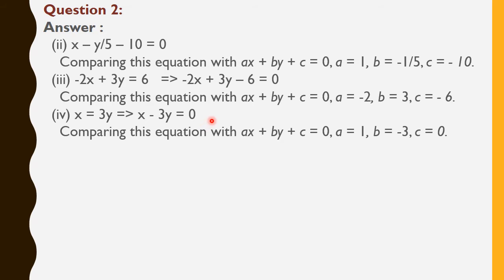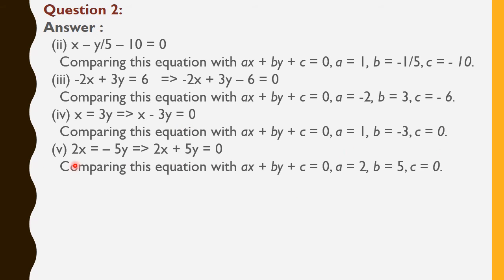So the equation obtained is x minus 3y is equal to 0. Comparing with the general equation, we'll get the value of a as 1 into x. The value of b will be equal to minus 3. Since there is no other constant value, we will take the constant as 0.